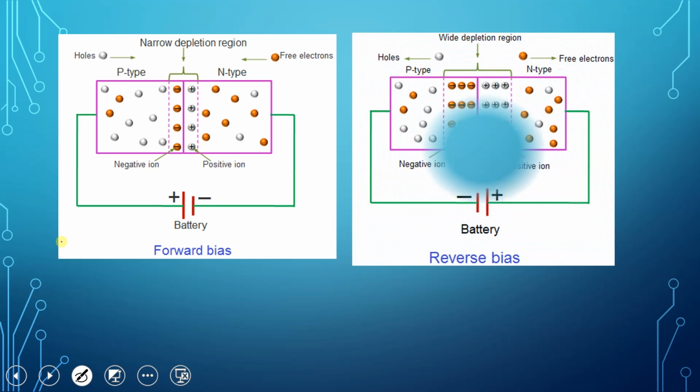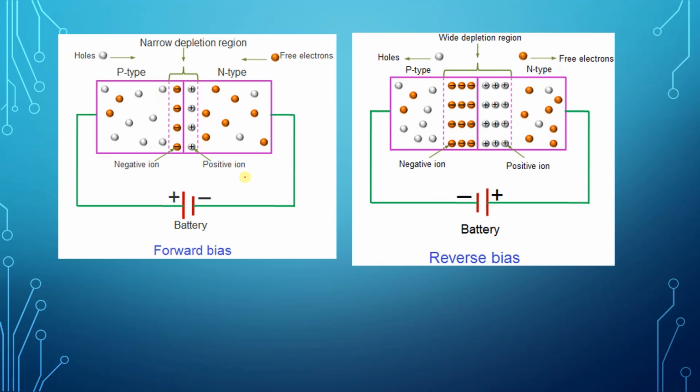This diagram shows the forward bias and the reverse bias. Now look into this diagram carefully. We are having P-type and N-type semiconductors and they are connecting together to make a PN junction diode, and this is the narrow depletion region because of forward biasing. These are the free electrons and the holes.